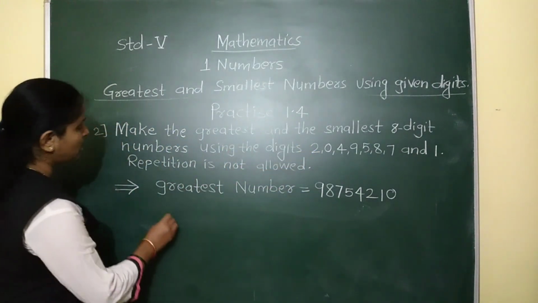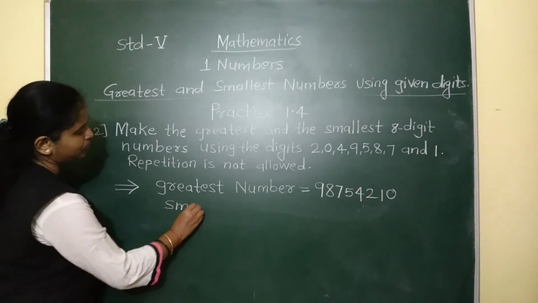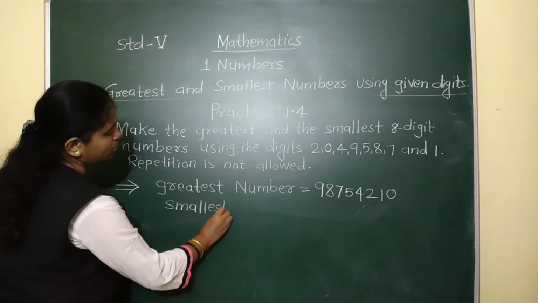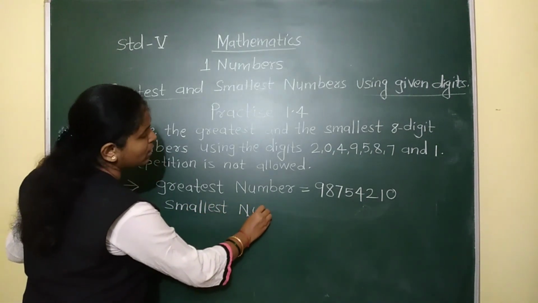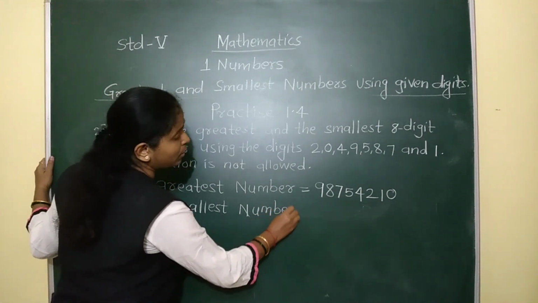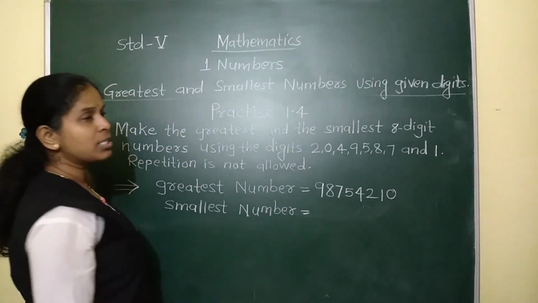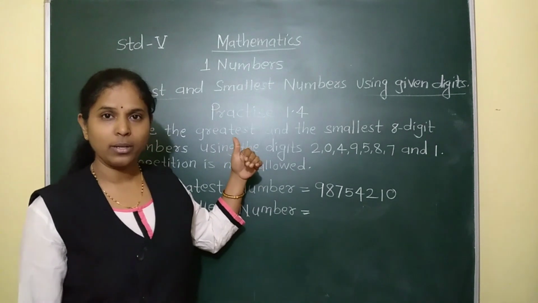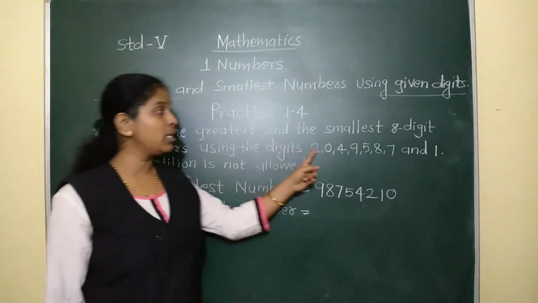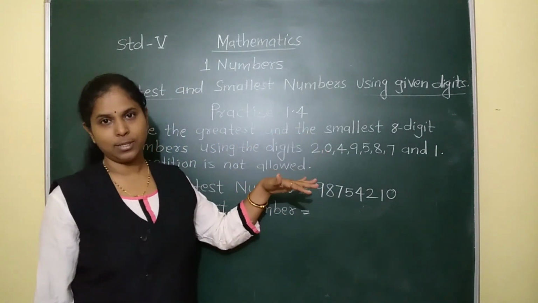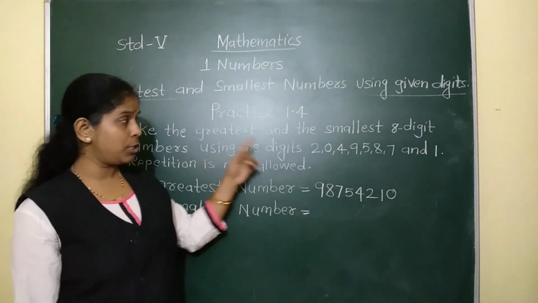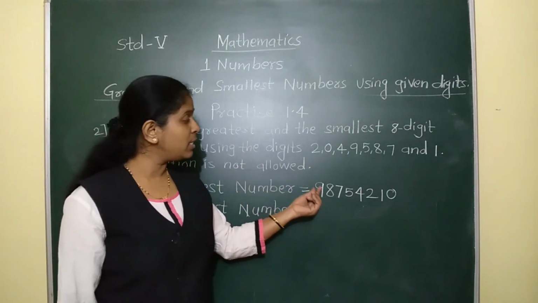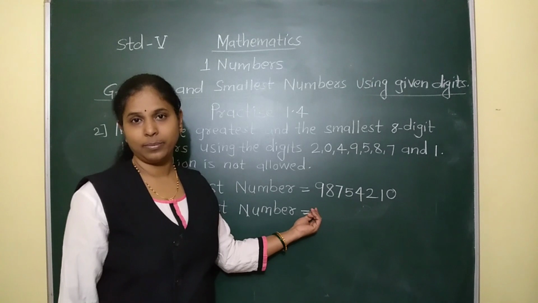Now next is the smallest number. For writing the smallest number, what do we have to do? We have to arrange the given digits in ascending order. But now here see, 0 is the smallest digit. But can we write 0 in the beginning of the number?